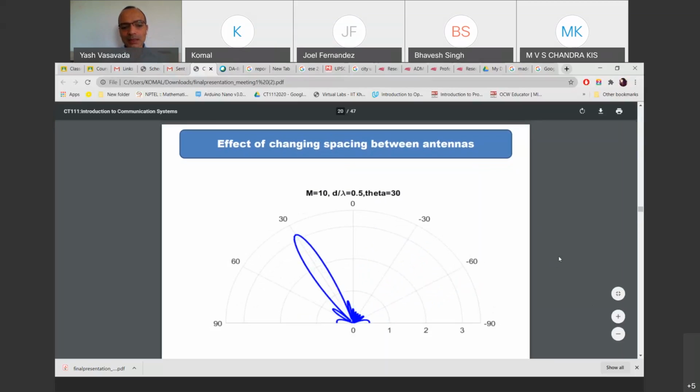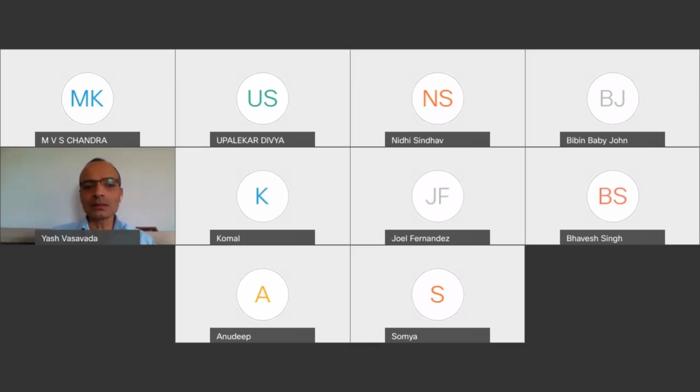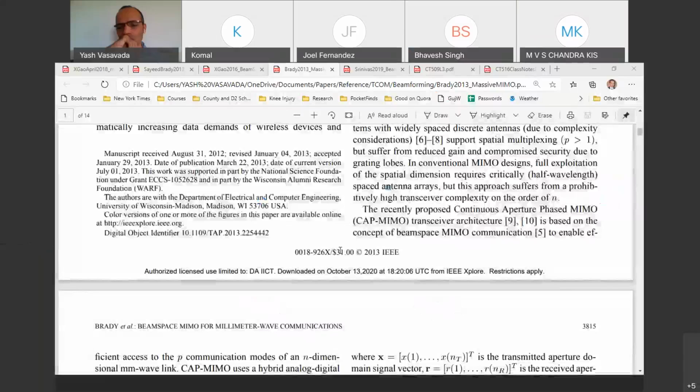So typically, the designs are not so bad, like d over lambda becomes 1 or 1.5. But it might become 0.6 or 0.7, like what Komal was showing.